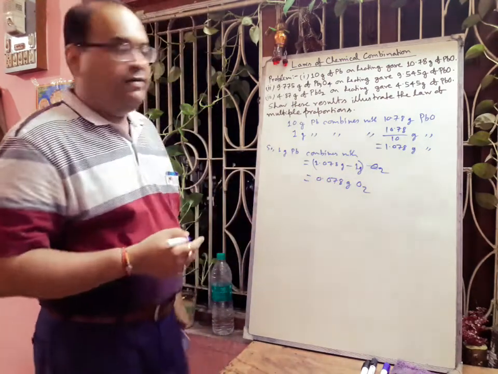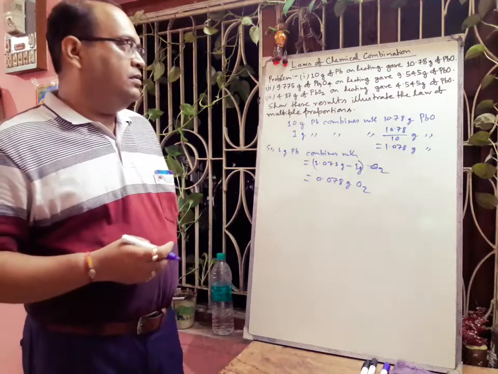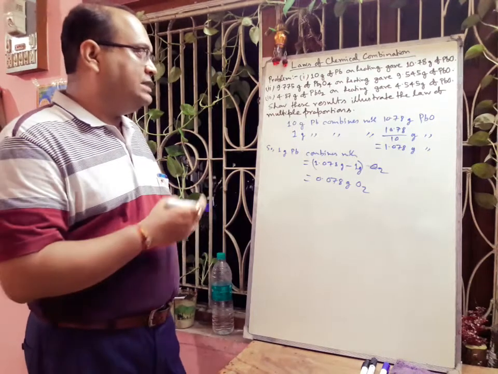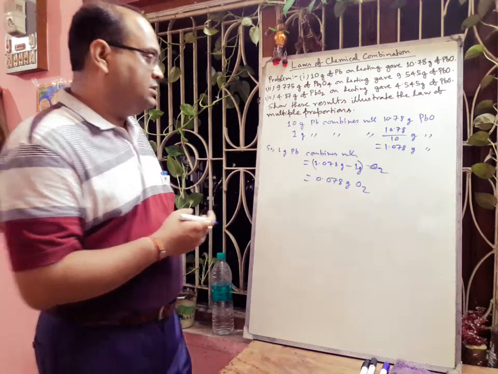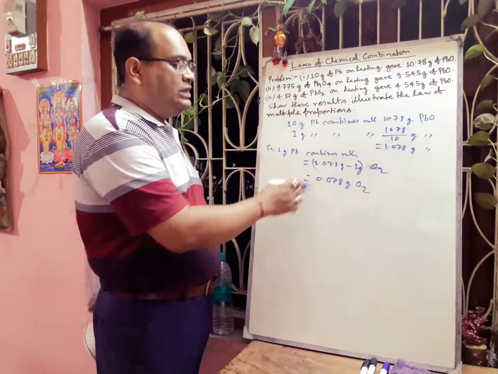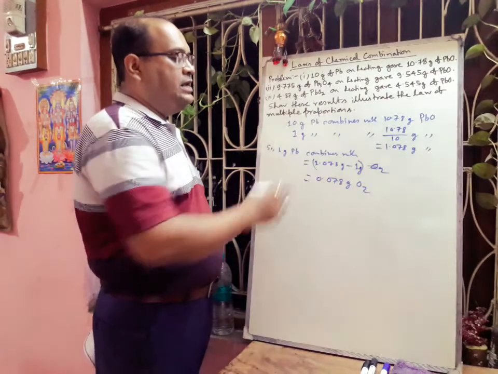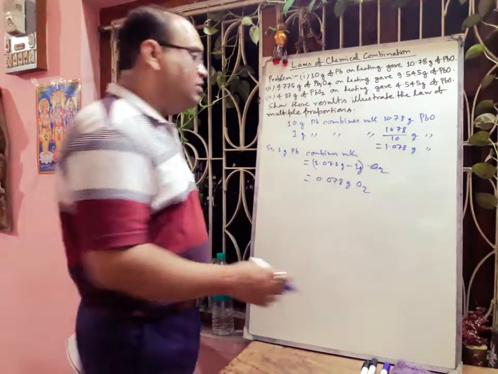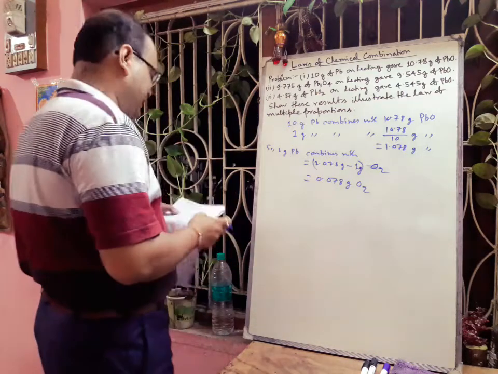So from the first combination or first case, 1 gram lead combines with 0.078 gram oxygen. Next we will calculate the second case.